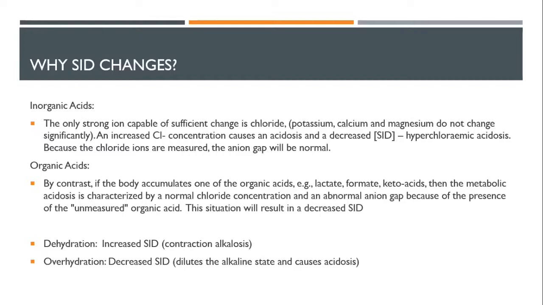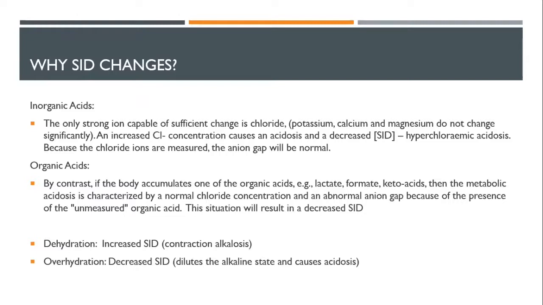So the other thing that can change your strong ion difference is your hydration status, and that's purely as a result of the concentration. So remember I said you can't change the amount, but obviously changing your hydration status will change the concentration of your strong ions. So we live in a slightly more alkaline than neutral state.